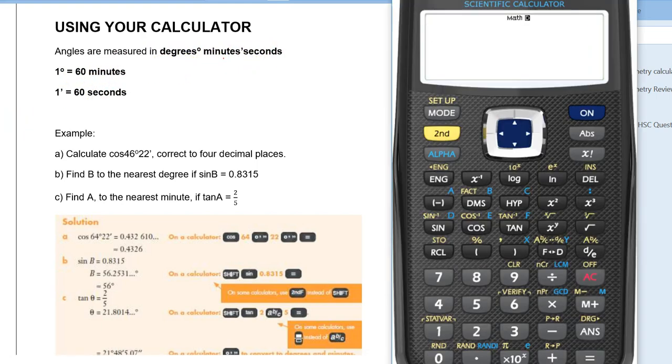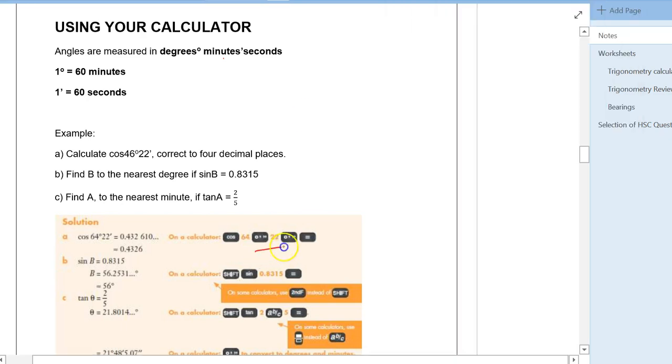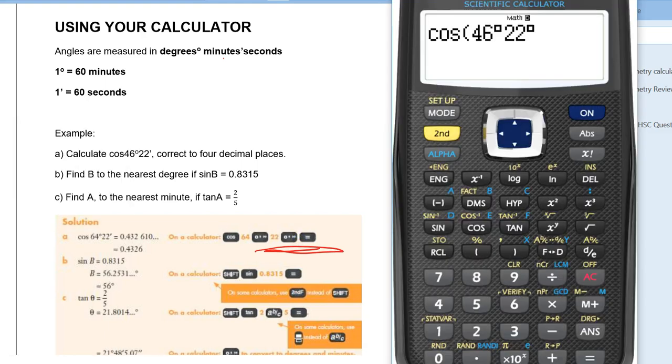So if I want to calculate the cos of 46 degrees 26 minutes, I go cos 46 degrees DMS 26 minutes, and the information for that is actually written here. So I've written the calculator steps, and you get an answer of point.